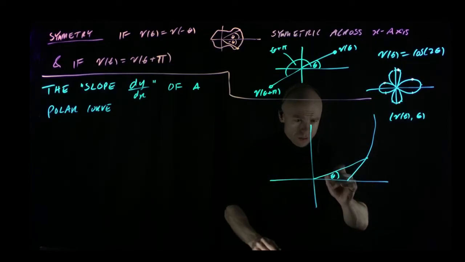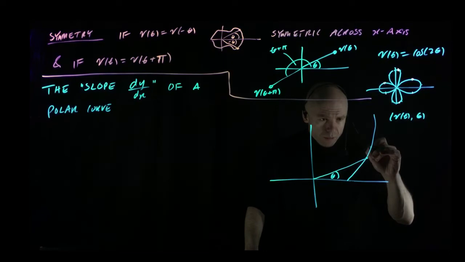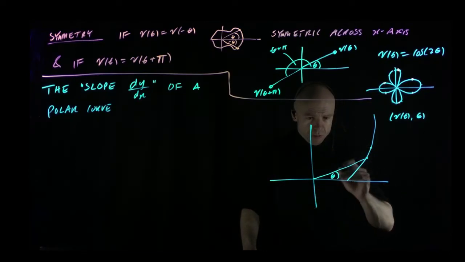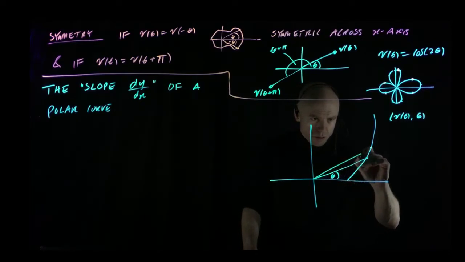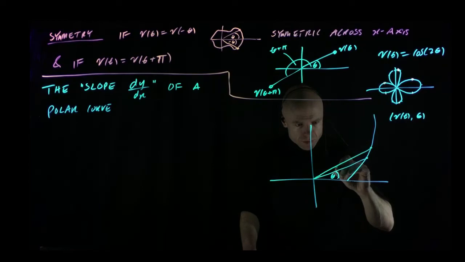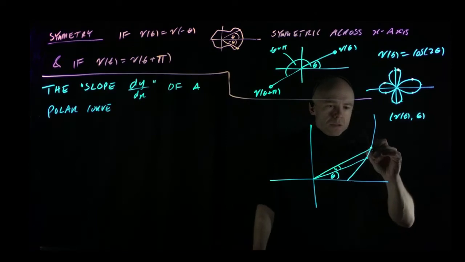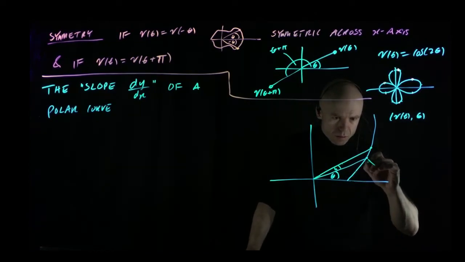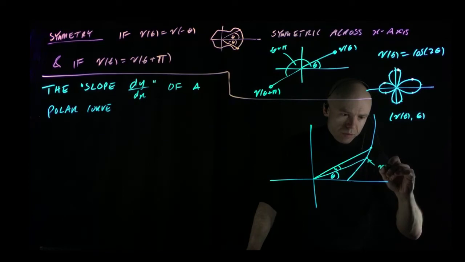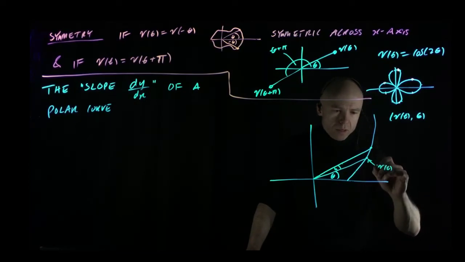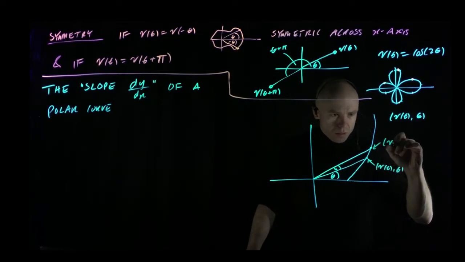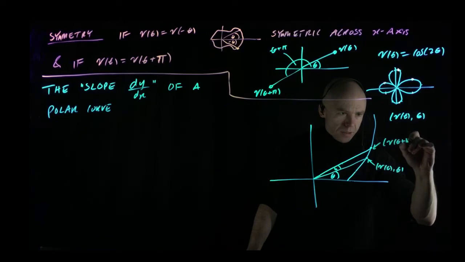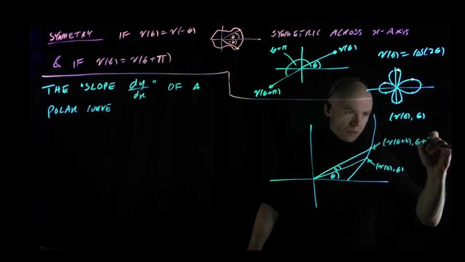So just look at the picture. If we move forward a little bit, like to here, and suppose this corresponds to some little additional angle h. So this is h as well. Then we are here. I'm just going to write r of theta to abbreviate this. And this is the point r of theta plus h, theta plus h.